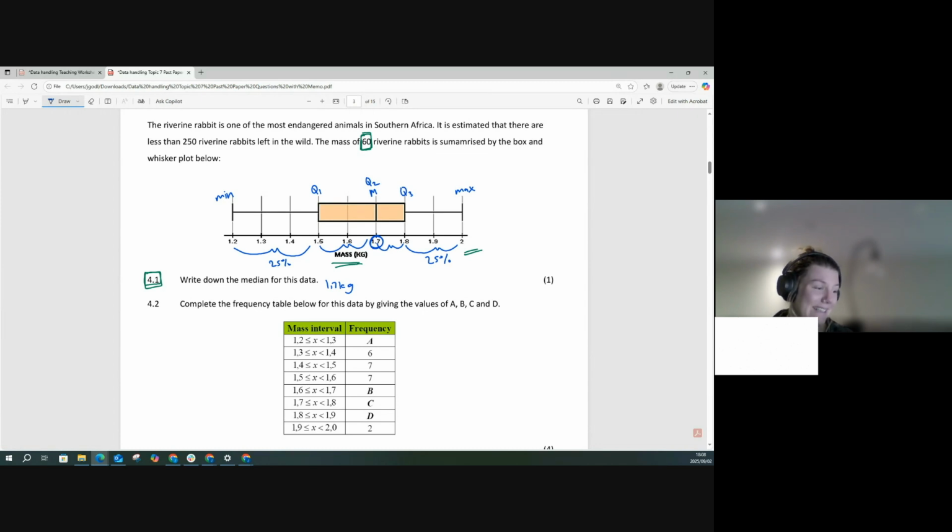So maybe write down your thoughts in the chat so you can see if you can figure some things out and do it through breaking things down. But we need to figure out what A, B, C, and D is. I have given you a hint on the board already. This is definitely skewed to the left.